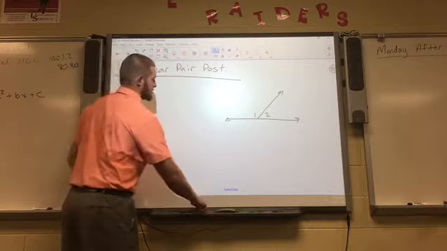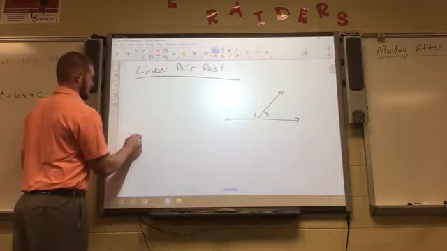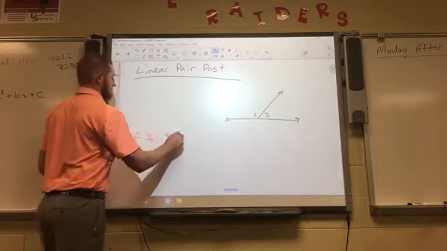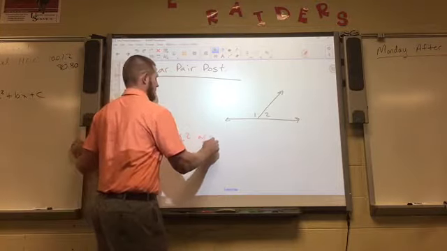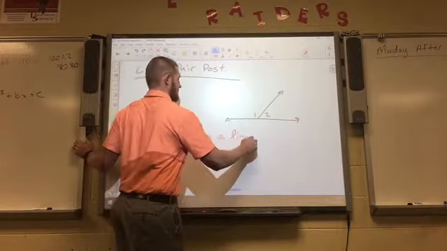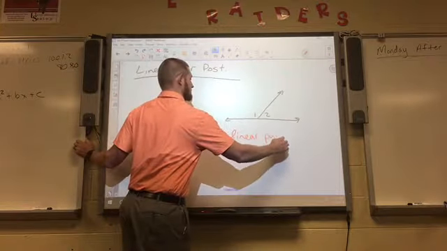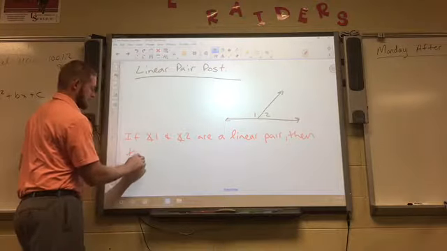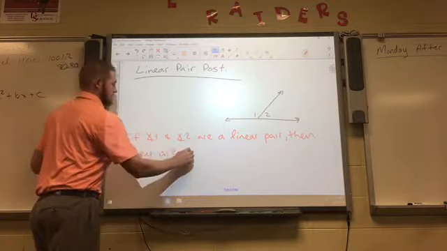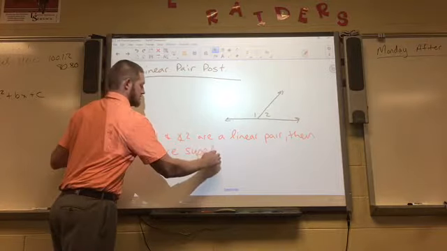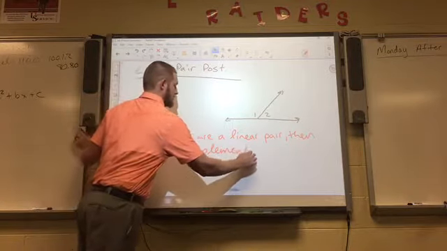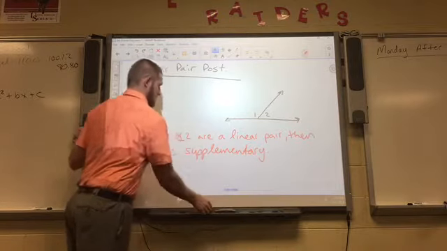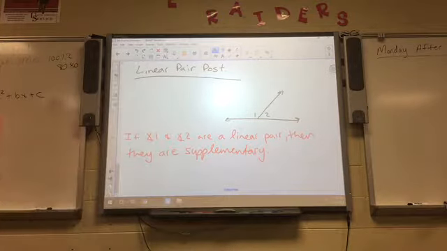Your postulate says that if angle 1 and angle 2 are a linear pair, then they are supplementary. Which is the exact same thing that you guys just told me, the fact that they add to 180. That is supplementary.